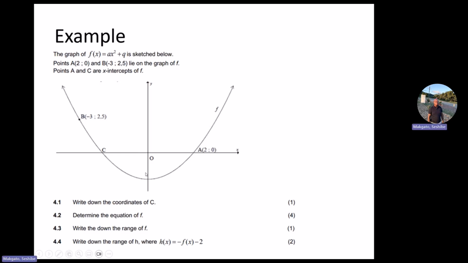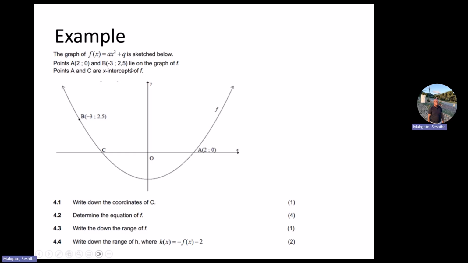One of the things we'll have to do is write down the coordinates of C. You can see that these coordinates will be coming from here.